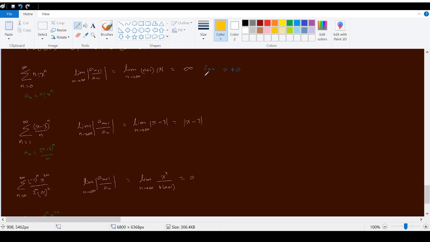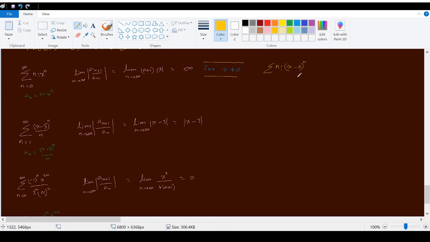Now I need to say a few words about this x being not equal to 0, right? So this same series can even be written as n factorial times x minus 0 to the power n, right?